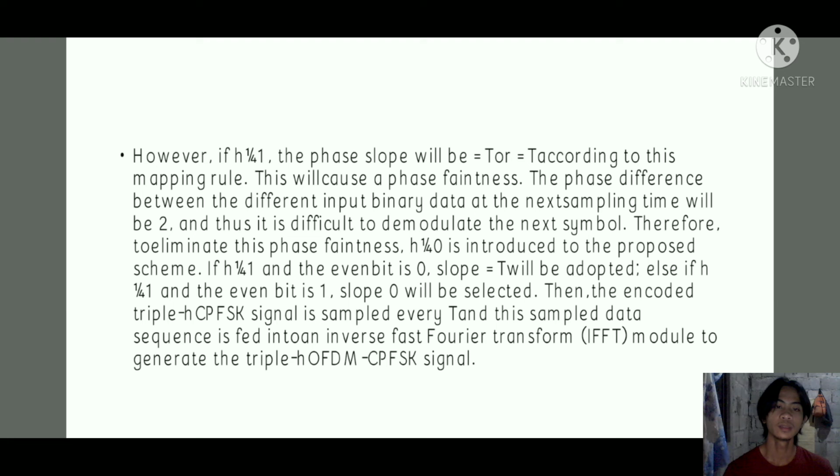Then the encoded triple-h CPFSK signal is sampled every T, and this sampled data sequence is fed into an inverse fast Fourier transform, IFFT, module to generate the triple-h OFDM CPFSK signal.